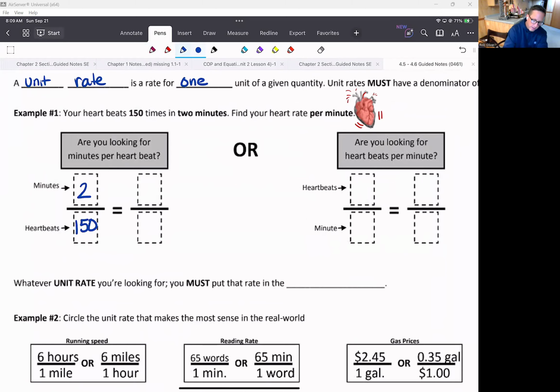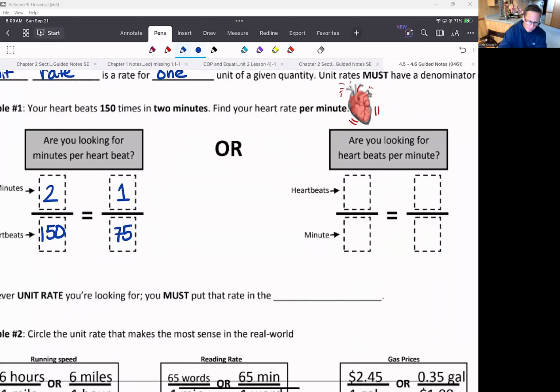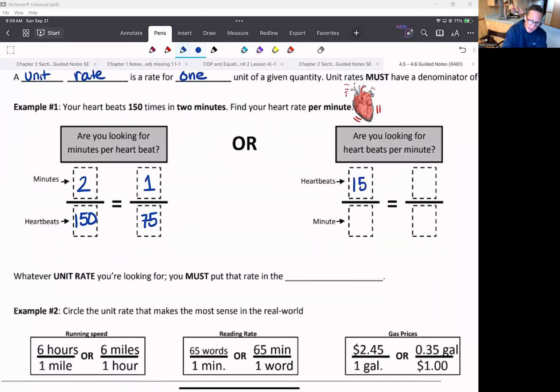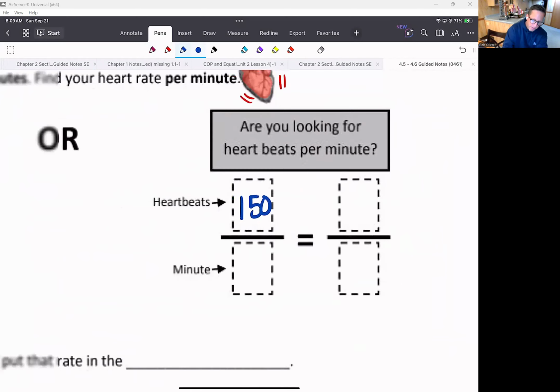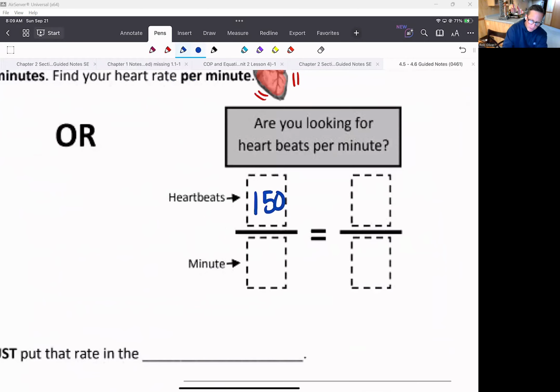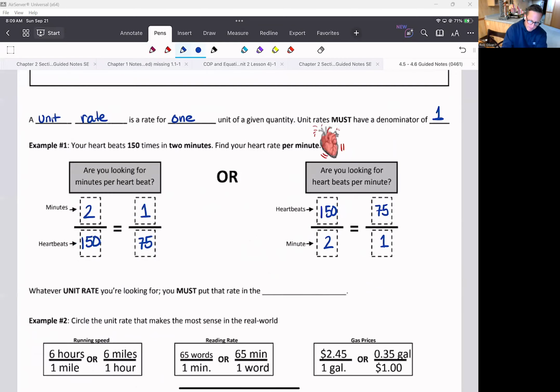If we do this, we do 1, and then you get 75. And if we set it up the other way, we put 150 on top, and then 2 minutes, we get 75 for 1, something like that.